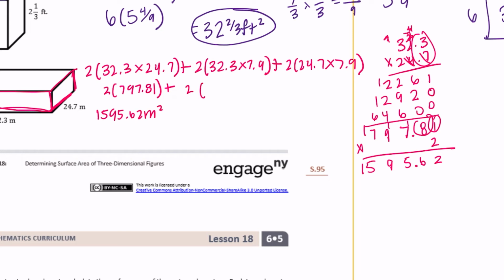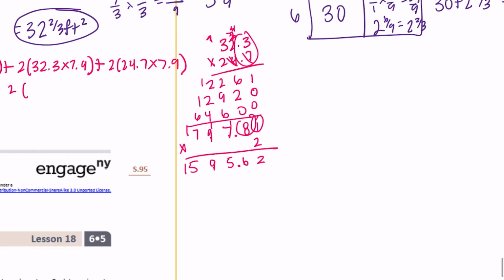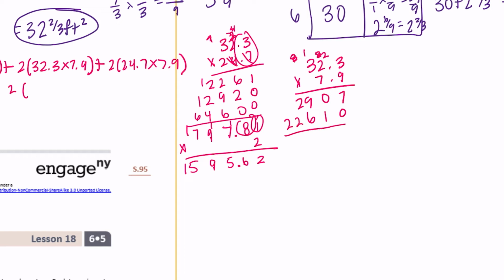Plus, we're going to have two groups of 32 and 3/10 times 7 and 9/10. Nine times 2 is 18, plus 2 is 20. 9 times 3 is 27, plus 2 is 29. 7 times 3 is 21. 7 times 2 is 14, plus 2 is 16. 7 times 3 is 21, plus 1 is 22.